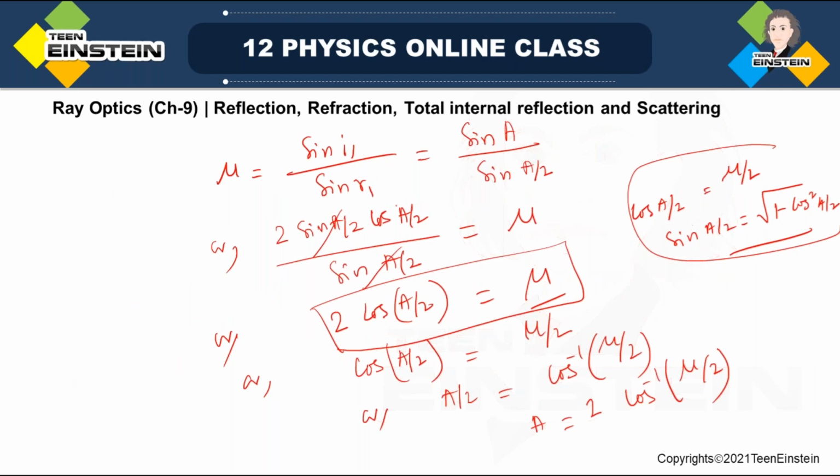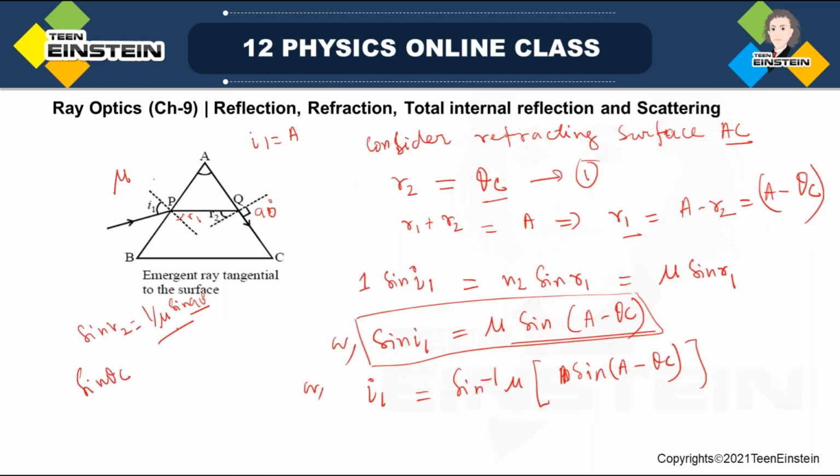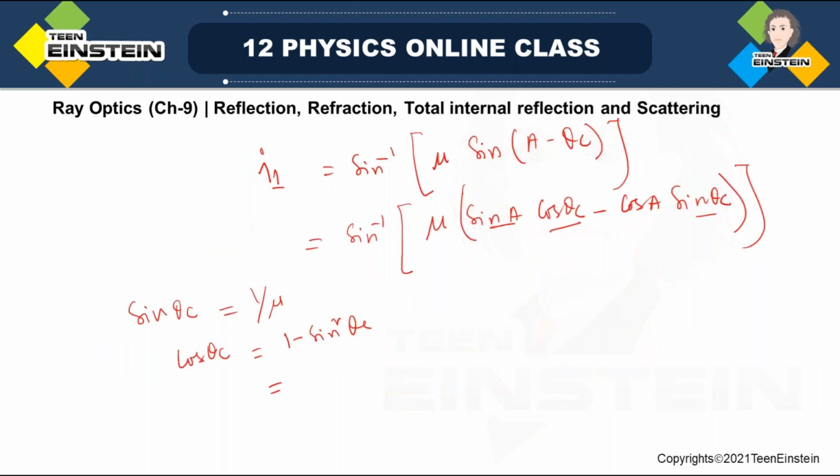Let us write this first. Sine inverse of mu, this is sine A, cos theta c let it be here, this cos of A is fine.